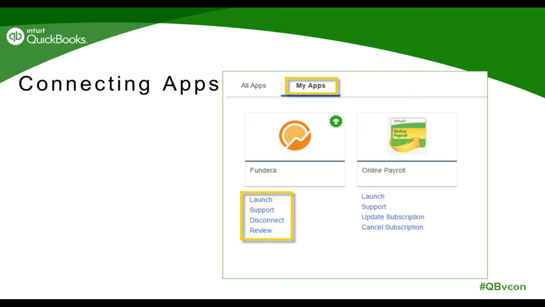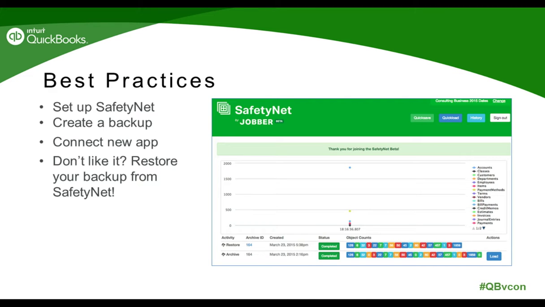So you're going to try it now. If you're already logged into QBO, it's going to say, is this the QBO file that you want to hook up this app to? And you can decide if you want to or not. And so you authorize it, and then that's when it's going to show up in my apps when you log into QBO. So let's talk about some best practices.